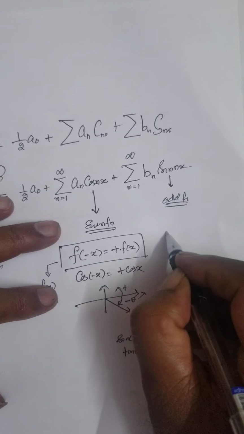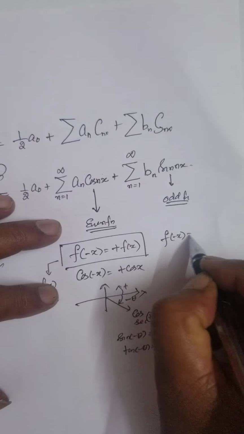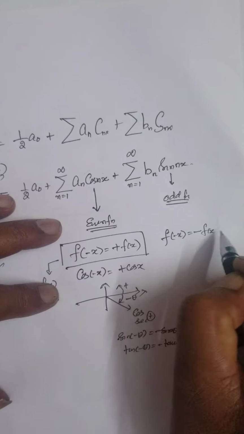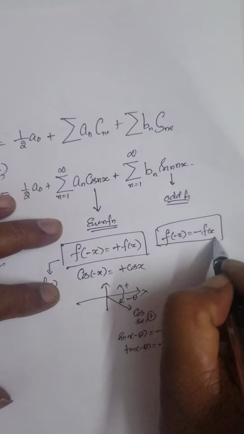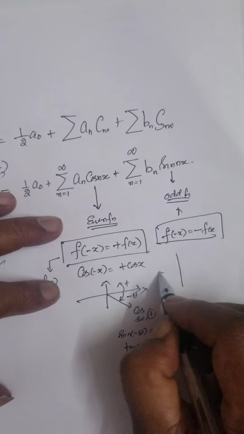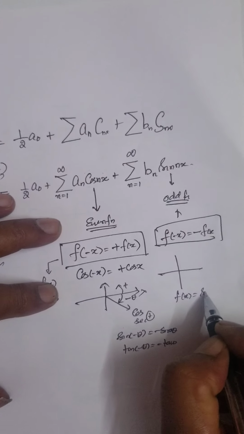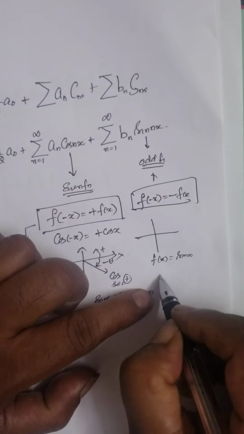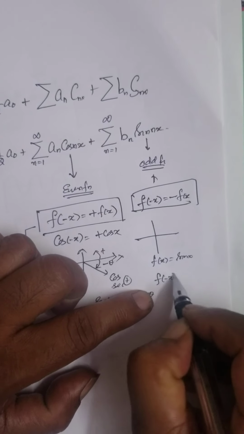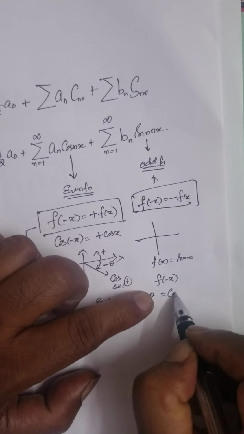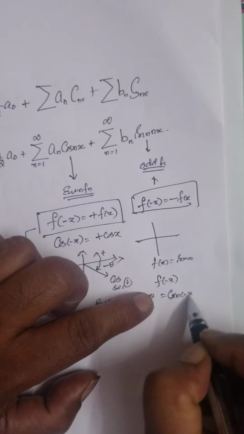Similarly, what is an odd function? If f of minus x is equal to minus f(x), then it is called an odd function. Example, here f(x) is equal to sin x. Consider f of minus x.